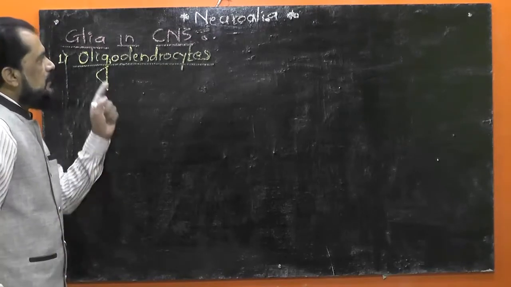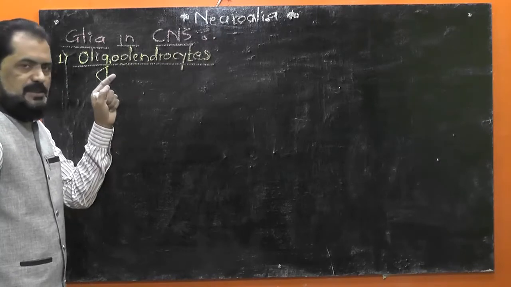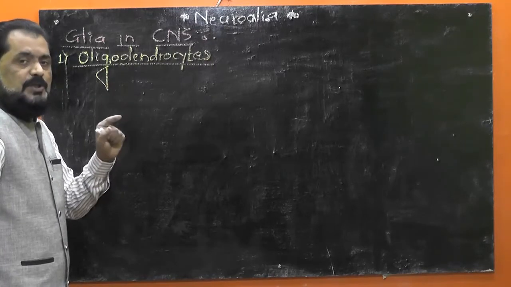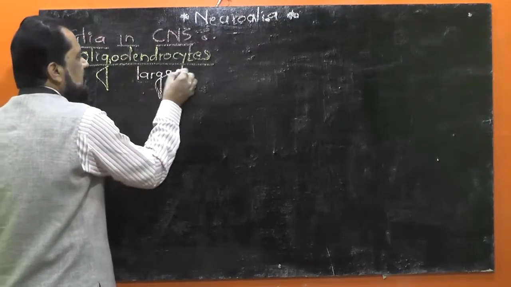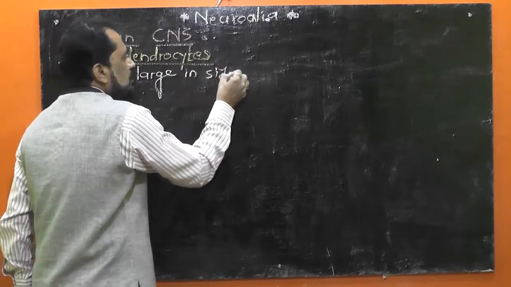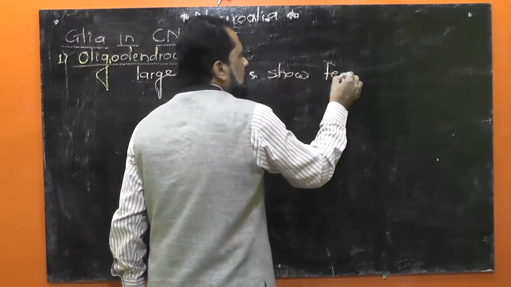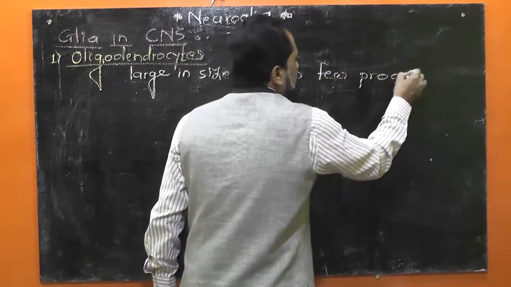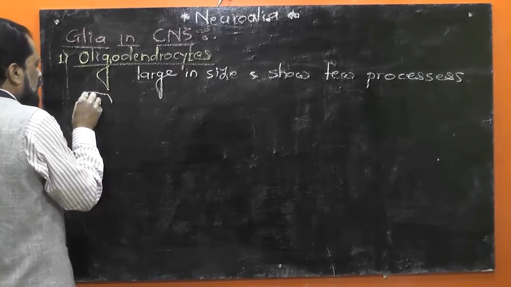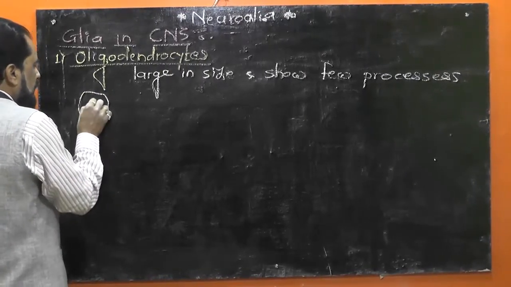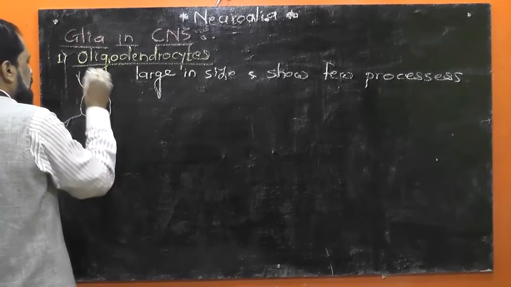It means these are the glial cells present in central nervous system, which are large in size and show few processes. Let me show in the diagram. These are comparatively larger in size, and here is the presence of few processes.